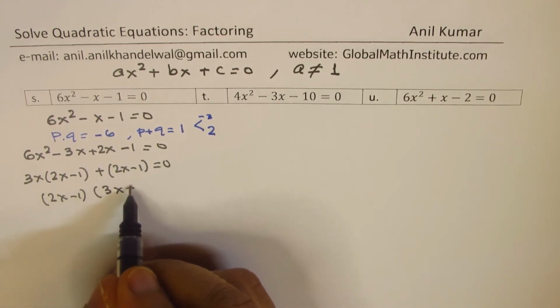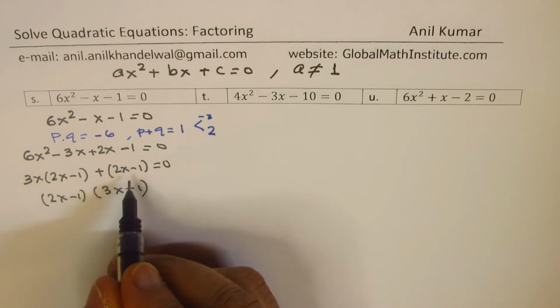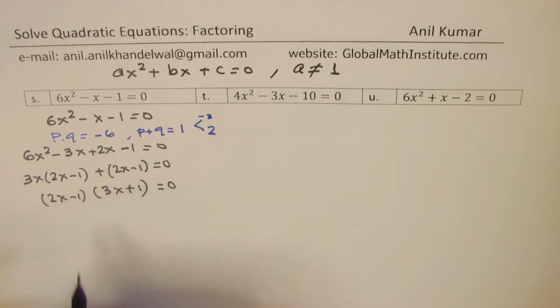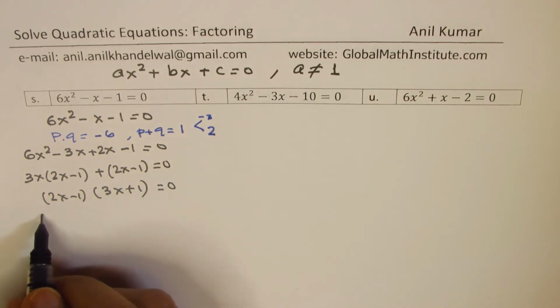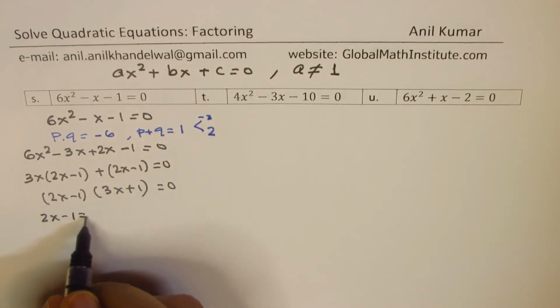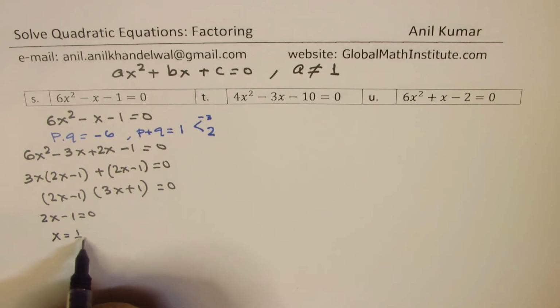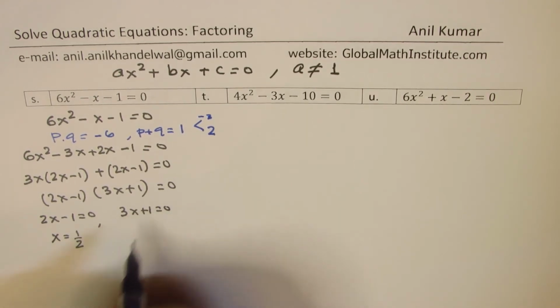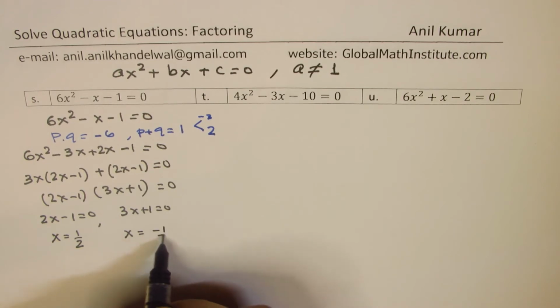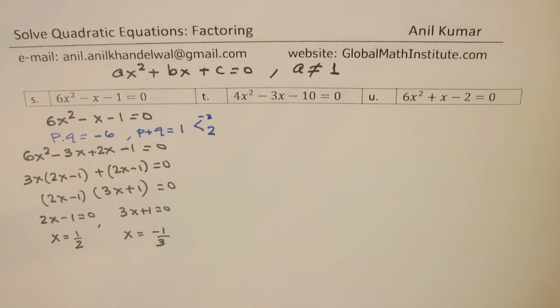We get 3x plus 1. 3x from here and 1 from there. Okay? So these are the two factors. Now, 2x minus 1 equals 0 means x equals to half. And for 3x plus 1 equals to 0, x is equals to minus 1 over 3. And that is how we are going to solve it. So I hope the steps are clear.